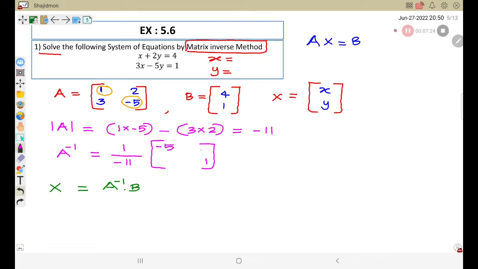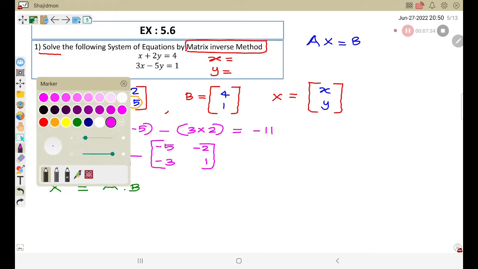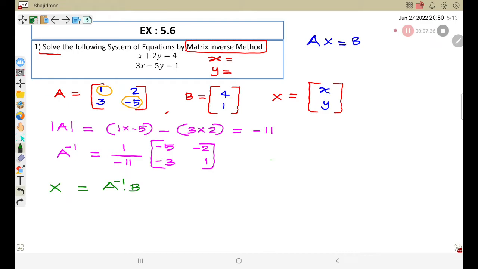Then the off diagonal numbers are put opposite: 2 becomes -2, 3 becomes -3. I hope you understood how to find A inverse. If you want more detail, you can refer to section 5.5, inverse finding, in the recorded class.